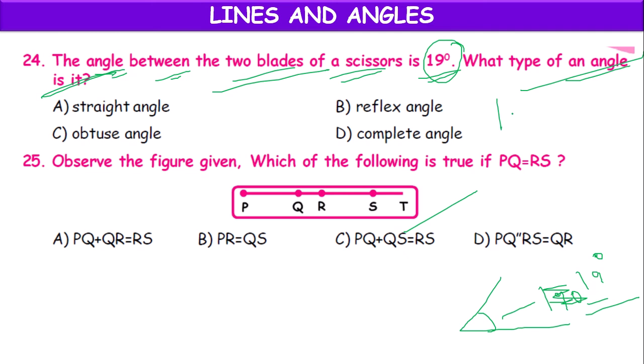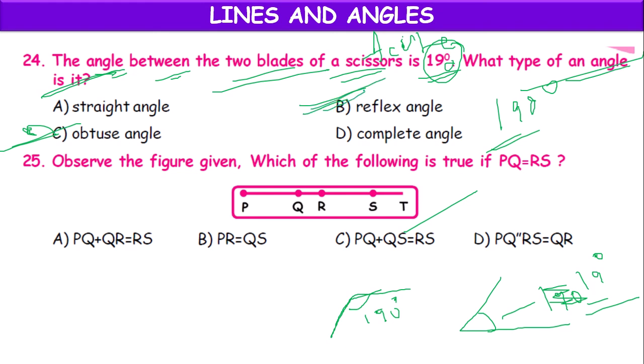Or please make it 190 degrees, children. 190 degrees. If it is less than 90 degrees, then it is called an acute angle, but there is no option for acute angle. If you make it 190 degrees, then the answer will be reflex angle. Greater than 180 degrees is called a reflex angle.